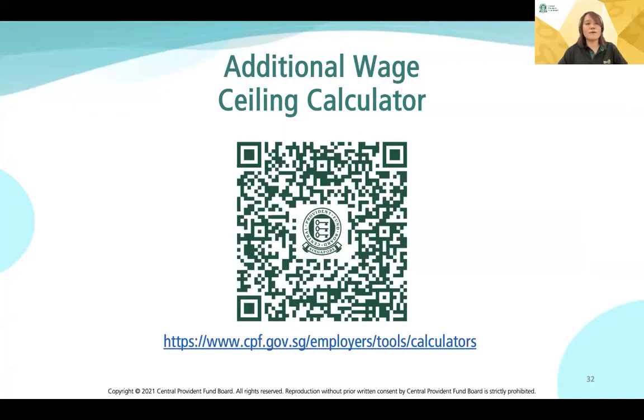I'd encourage you to use the calculator before you make submissions online, so that you know what the AW ceiling is, and then you can make the CPF contribution more accurately.